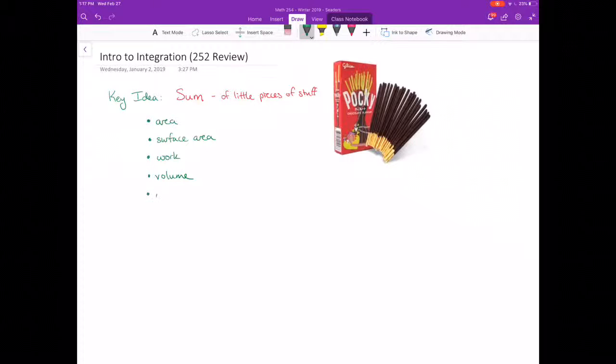You might have added up numbers in sequences and series. You might have added up changes in position. But what you did was you subdivided something into little pieces and then added up. So the big question that you have to ask yourself when you're saying, what does this integral represent? The big question you ask is, what am I adding up?